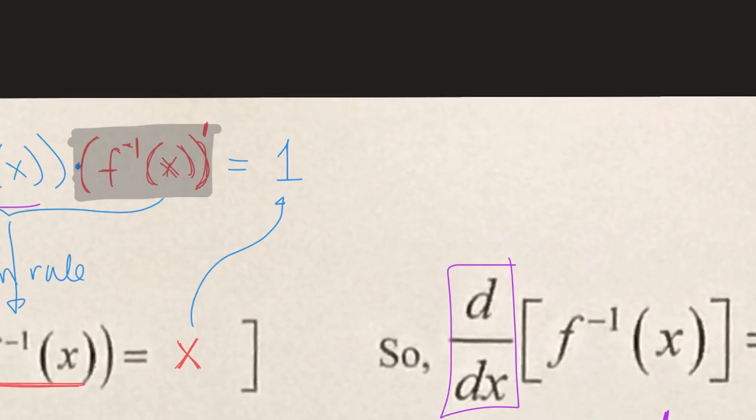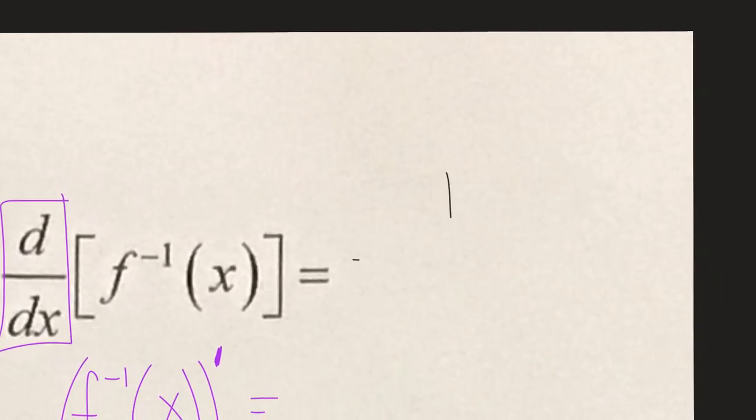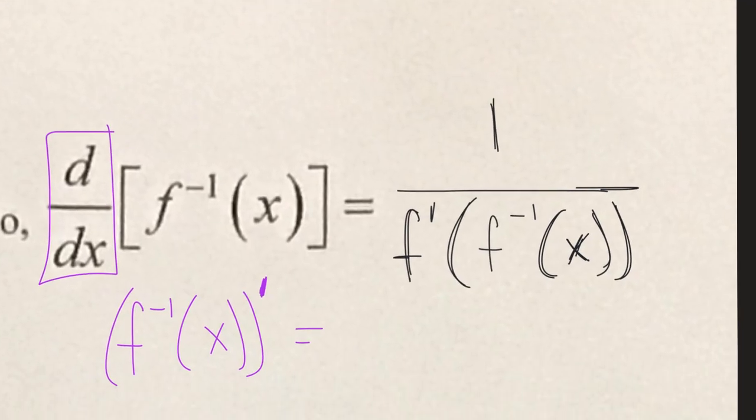Equals, well, we're dividing 1 by all this stuff. So 1 is in the numerator, and then we have f prime of f inverse of x. So this is our formula that we are working with.